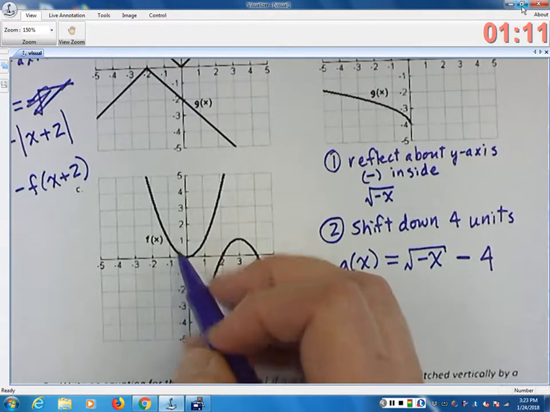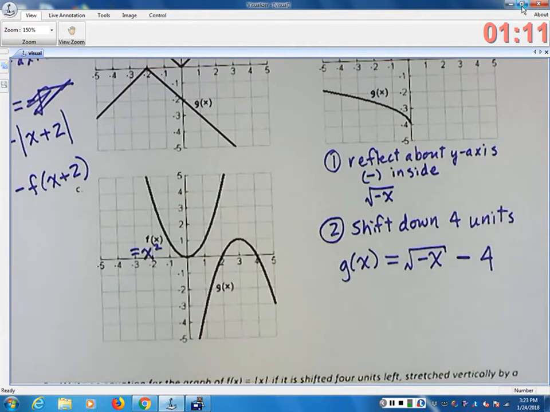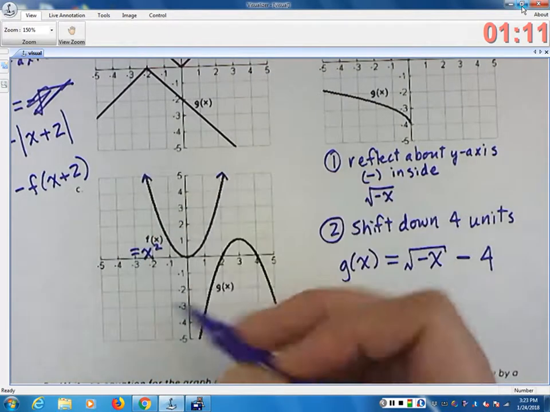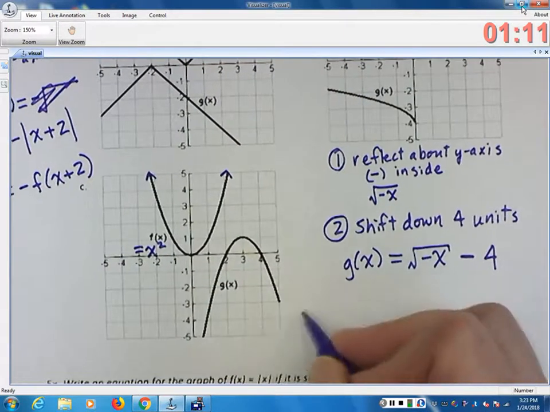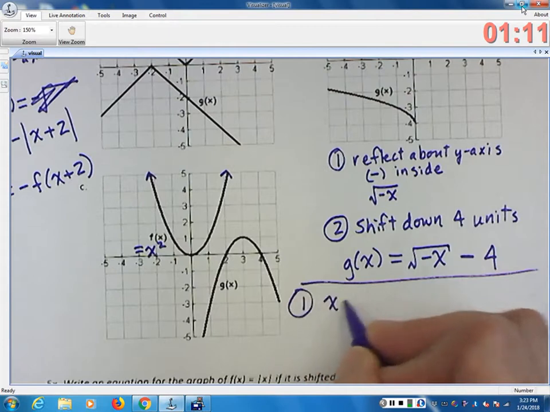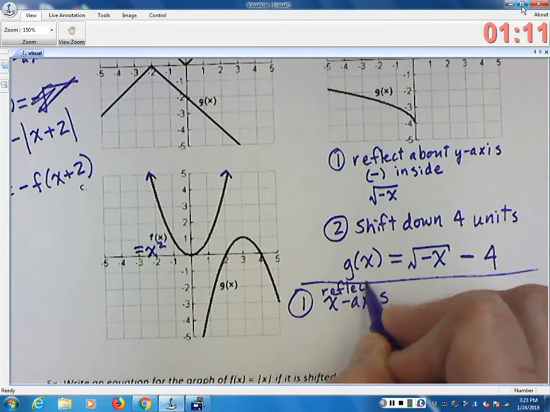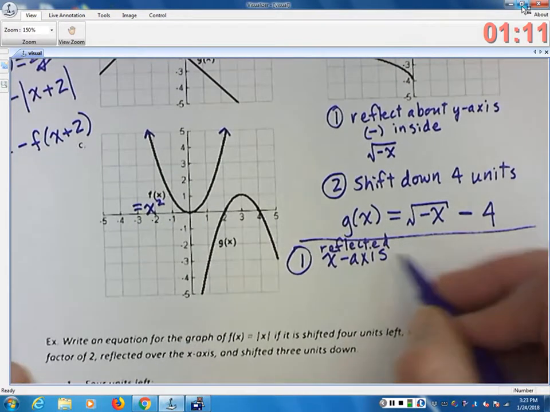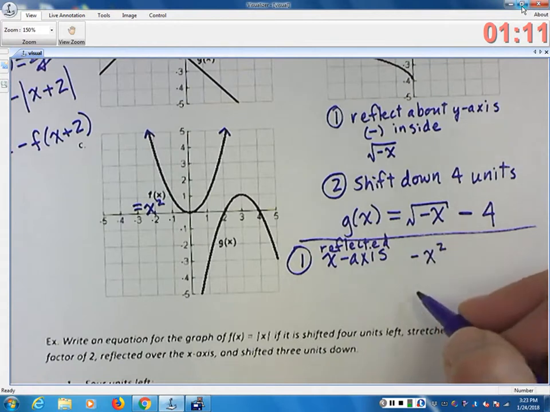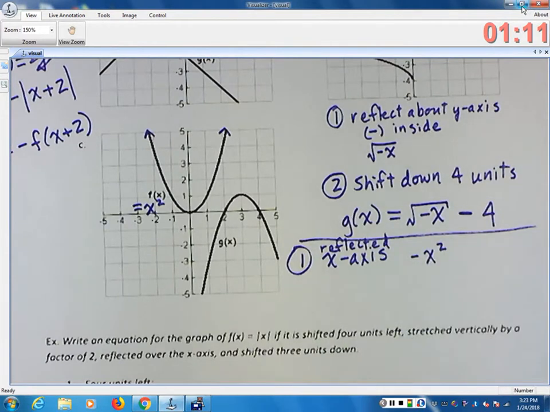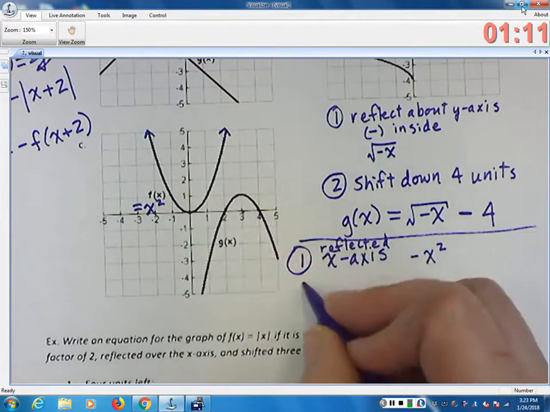And then the last one, f of x is x squared, standard quadratic function. So we must have reflected about the x-axis. So we had x squared, we're going to have minus x squared. It's on the outside for the x-axis. And then we have to shift the vertex to the right 3.